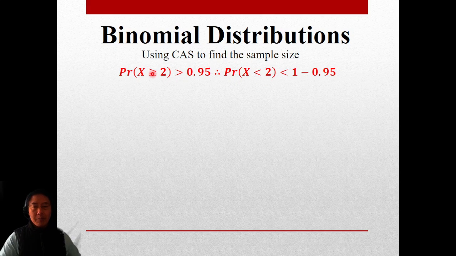So we're going to do a substitution. Substitute this by 1 minus the probability of that one. We rearrange it to make it the subject, and now that probability will be less than 0.05. When x is less than 2, the lowest value is 0, and then the next one is 1.